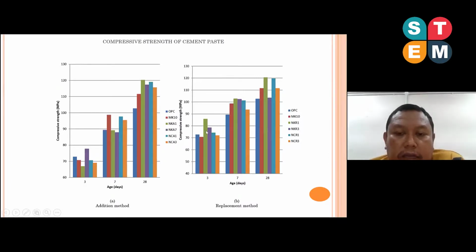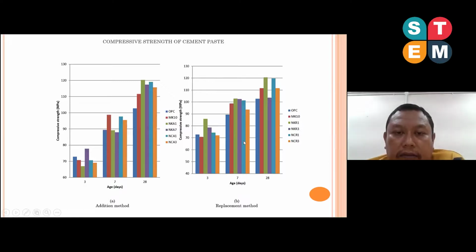So we can see that the nanometakaolin in the cement paste increases what we call the early strength effect. Basically, in the industry, these findings can be used as a good repair material, similar to the grouting that is used in industry right now.